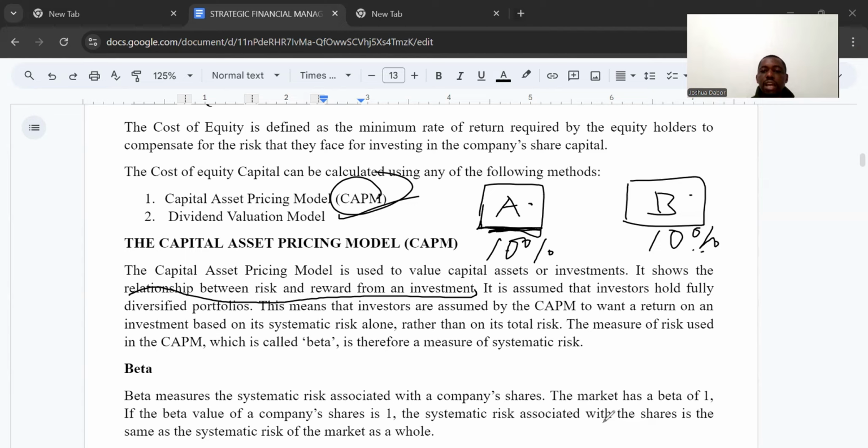Since both investments have the same return, I will invest in what? Investment B. The same return, lesser risk.